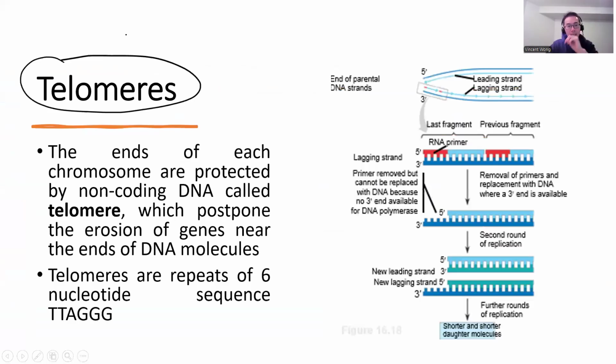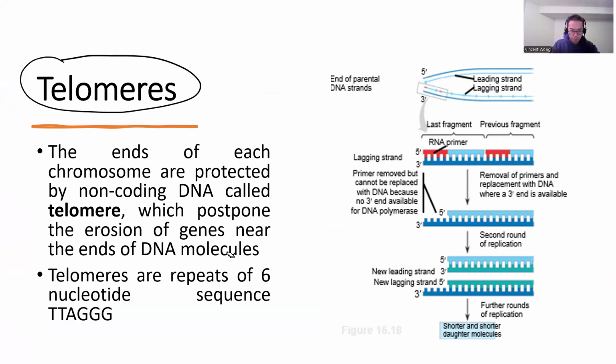Okay, telomeres. Telomeres are non-coding DNA that exist at the ends of each chromosome. Okay, so we have 23 pairs of chromosomes, 46 chromosomes in total. At the ends of each of these chromosomes are non-coding telomeres.